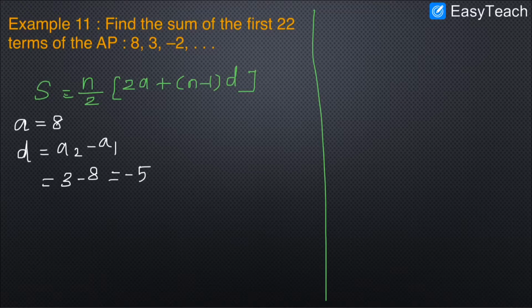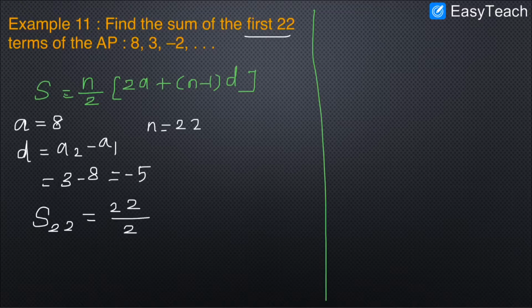Let's substitute in the formula. Since it says first 22 terms, I am going to write S22, the sum of first 22 terms, equals, where n is 22. So 22 by 2 into (2 into 8 plus (22 minus 1) into d, for d minus 5).